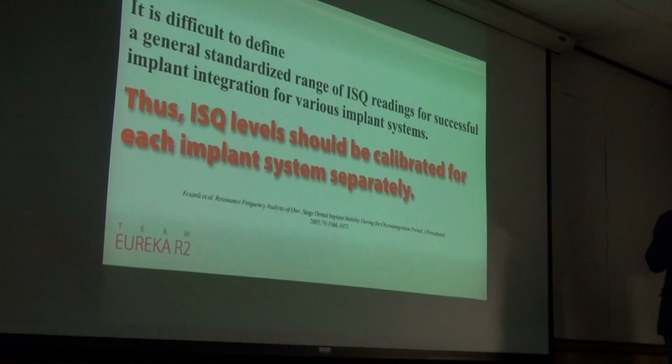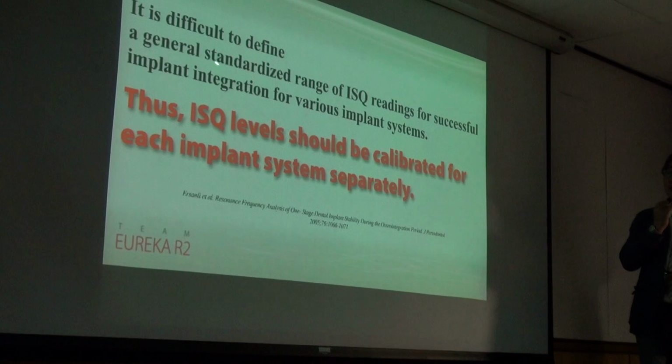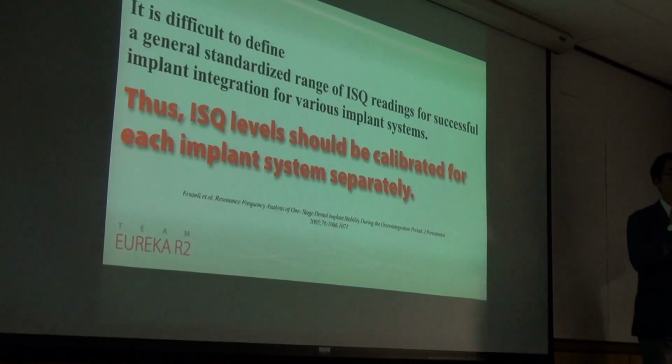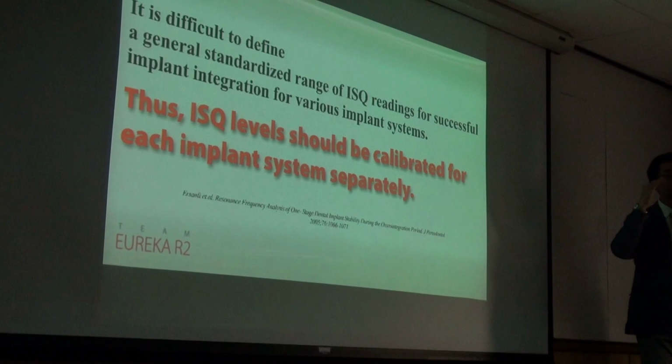But when you talk about the ISQ value, this is very important: we cannot generalize the ISQ values. We have to find specific values for each implant system. I don't know about another system's ISQ value, but when you're using the enriched implants, 75 is a very important number.